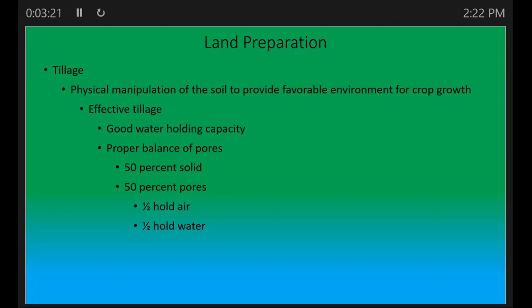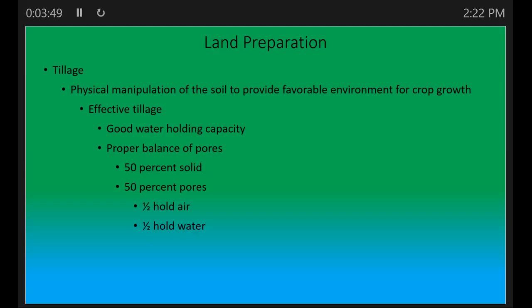So you want soil that has the ability to hold on to water without waterlogging it. You want a good pore space ratio, and the general rule of thumb is outlined here. You want the soil to be 50% solid, 50% pores, and of the pores, you want half holding air at any one time and half holding water at any one time.